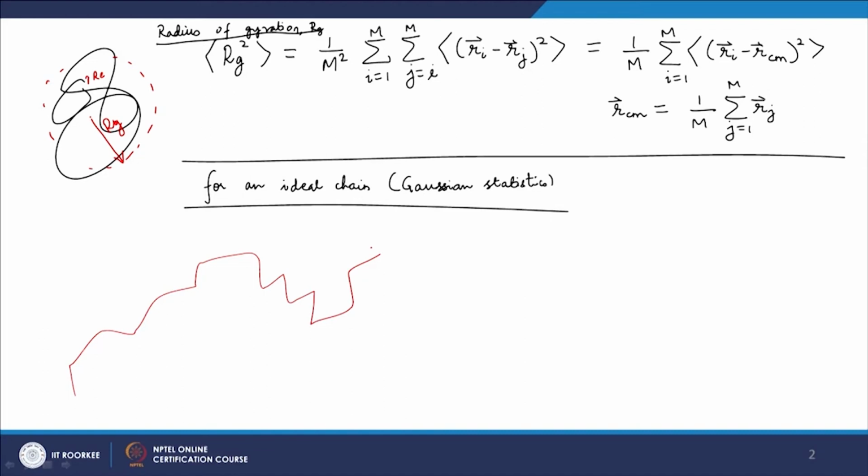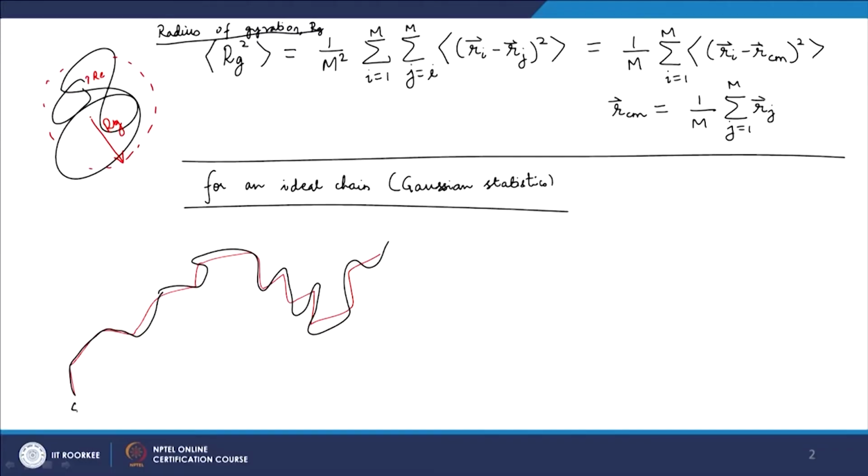I can represent it, for a large number of segments, as a continuous chain, like a continuous line that is passing through it. Of course, if the number of segments is small, there will be larger error, but if the number of segments is large, the approximation becomes more just.